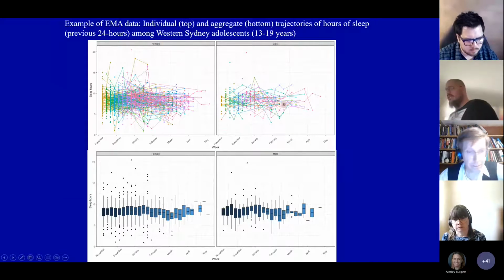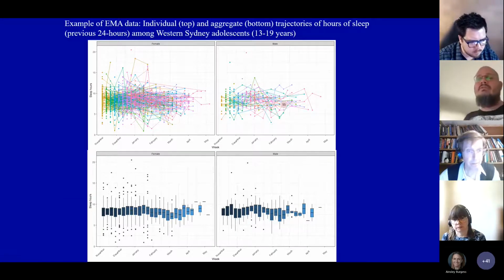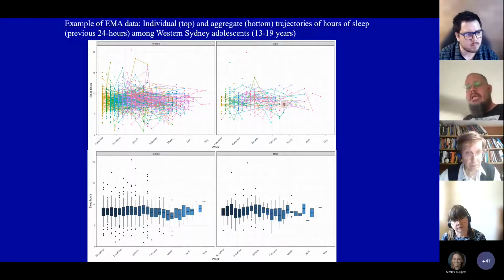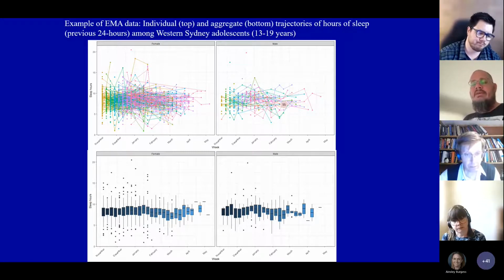And we also can get data, as I said, from the sensors. Every smartphone has sensors. They have accelerometers and other devices inside them.